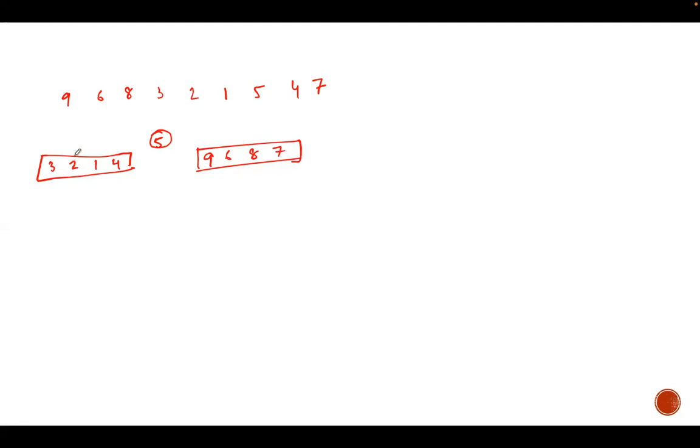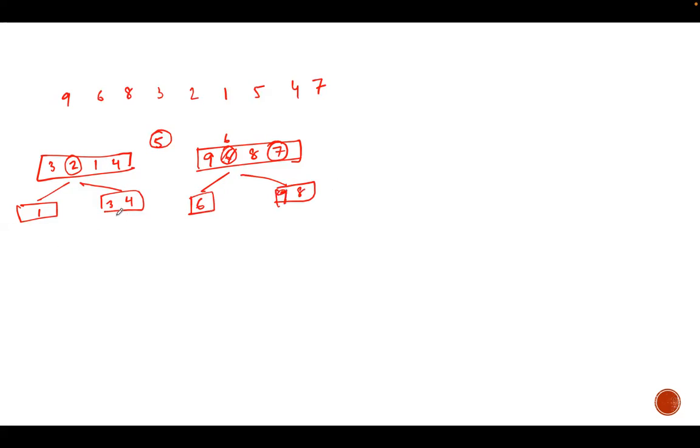If we pick 2, the partitions will be 3 4 on one side, and 1 on the other. And here let's pick 7. Here it will be 6, and here it will have 9 and 8.